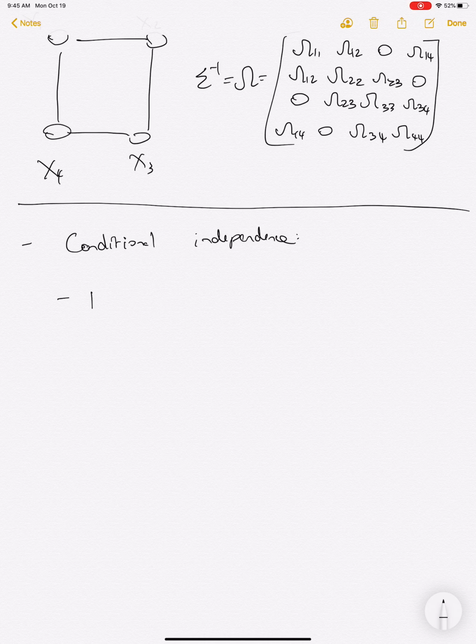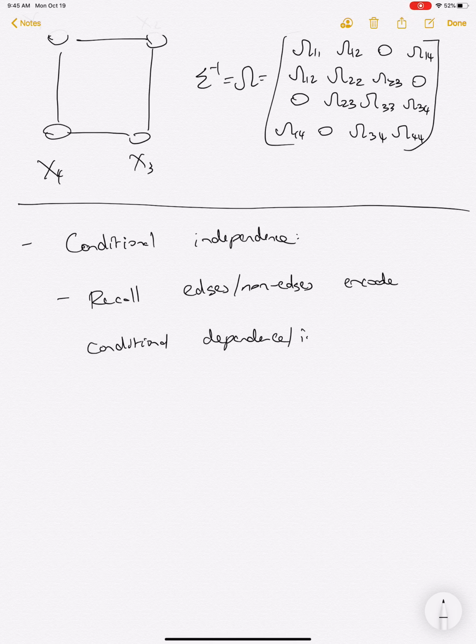So recall that the general idea of graphical models is that edges and non-edges encode information, conditional dependence or independence information.